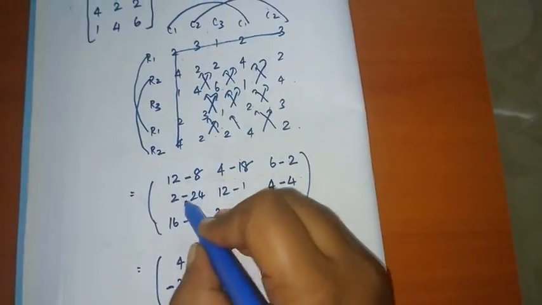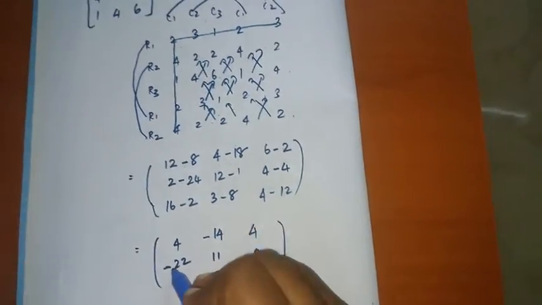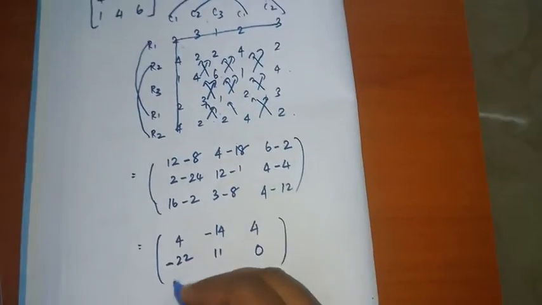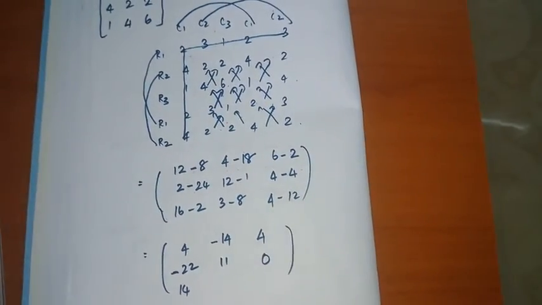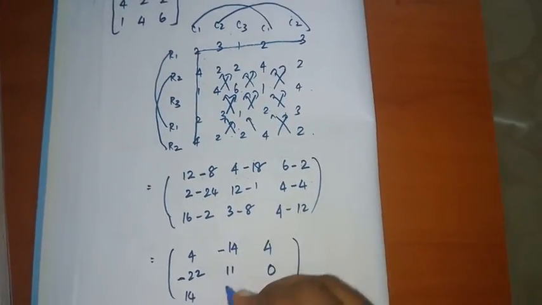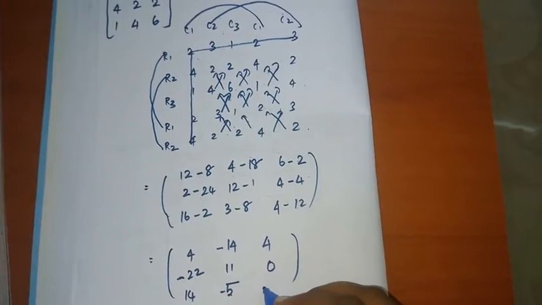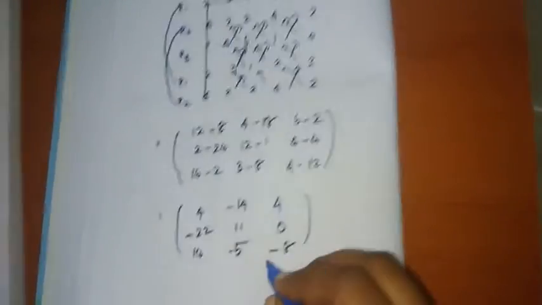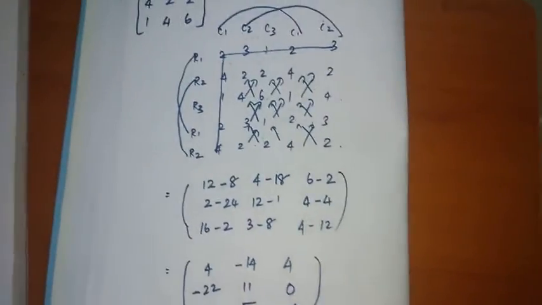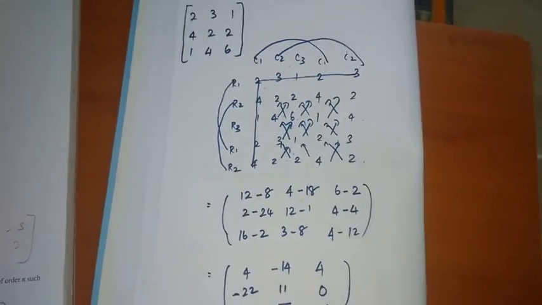Which is the larger number, 2 or 24? 24 is the highest number, and the sign of the highest number will come for the answer. 16 minus 2, 14. 3 minus 8, minus 5. 4 minus 12, minus 8. So this is the adjoint matrix of the given one. This is the shortcut for finding the adjoint matrix of order 3 cross 3.